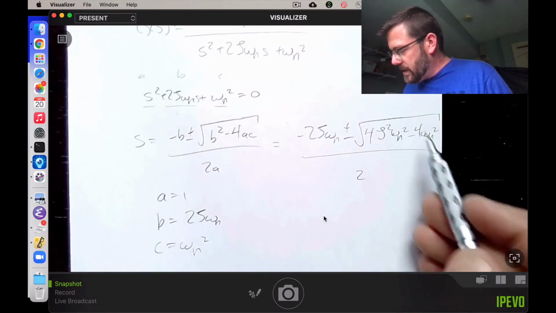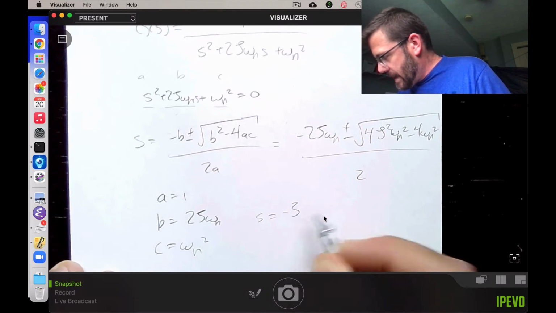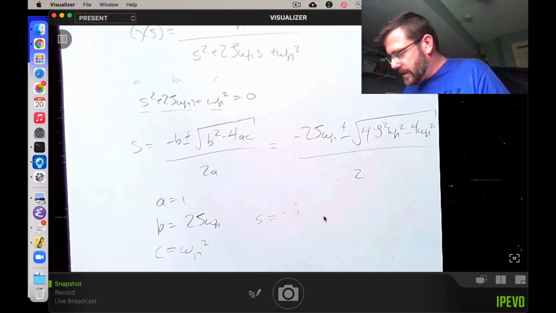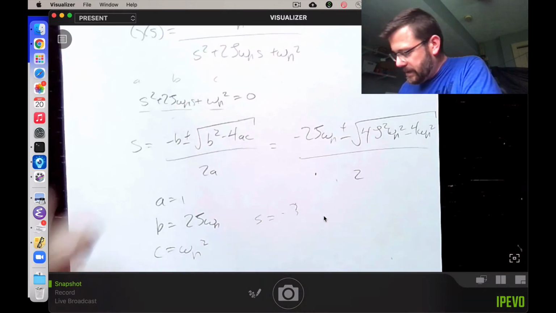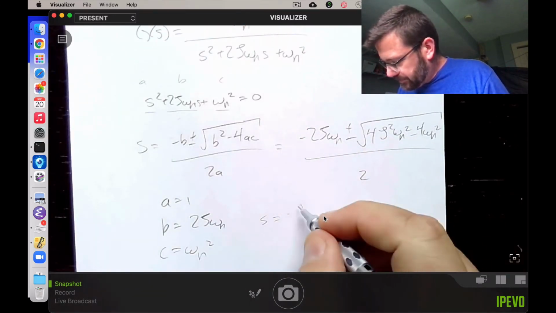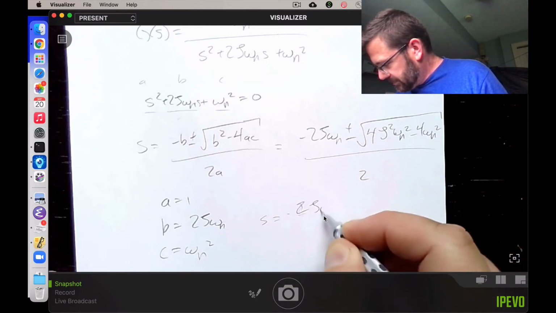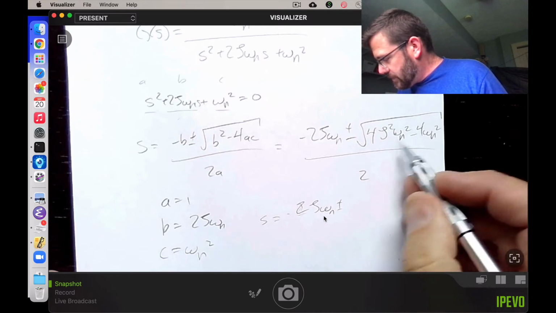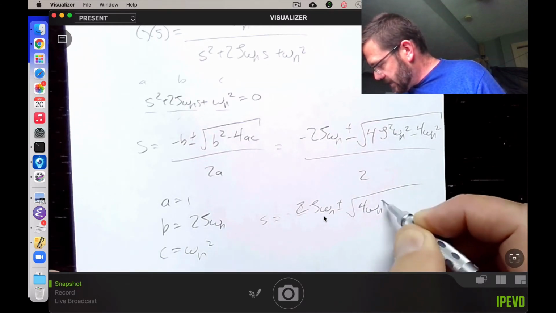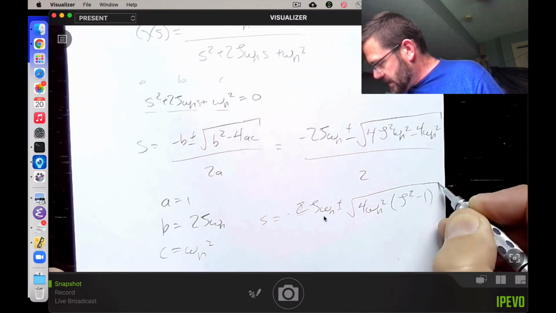And I can clean up what's going on inside this radical. So I'm going to factor out a 4 omega n squared times zeta squared minus 1.